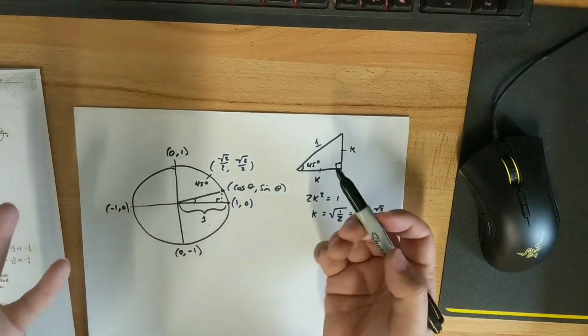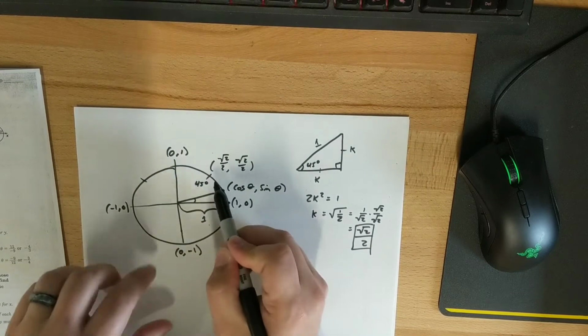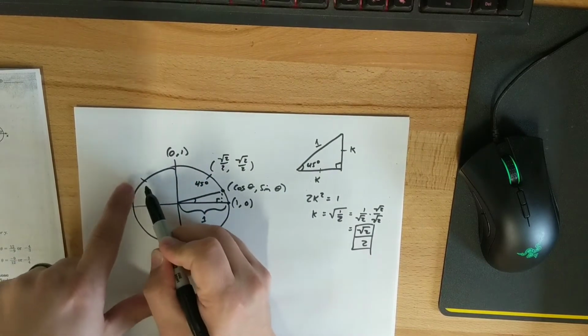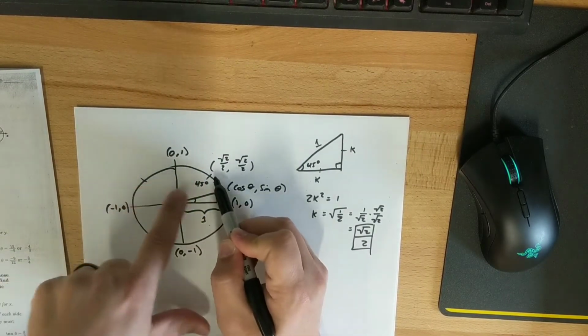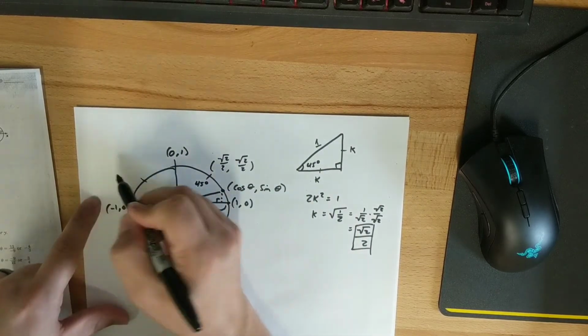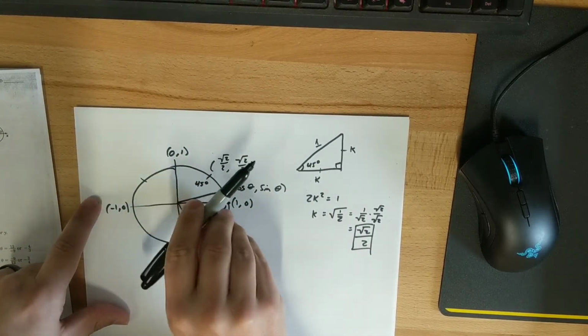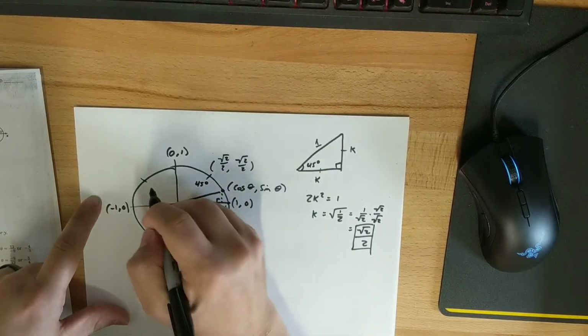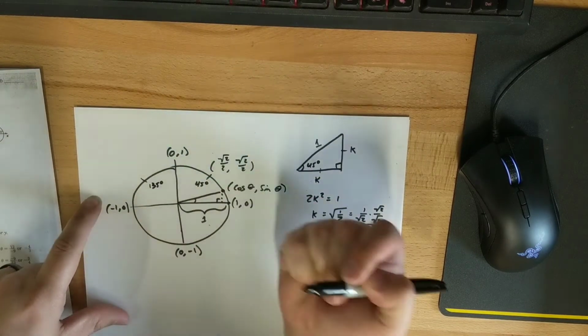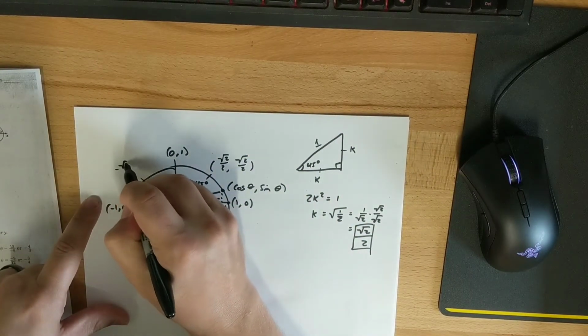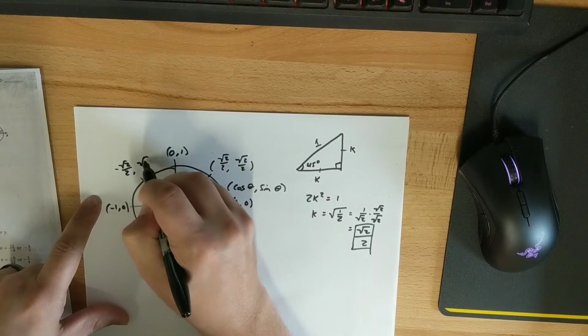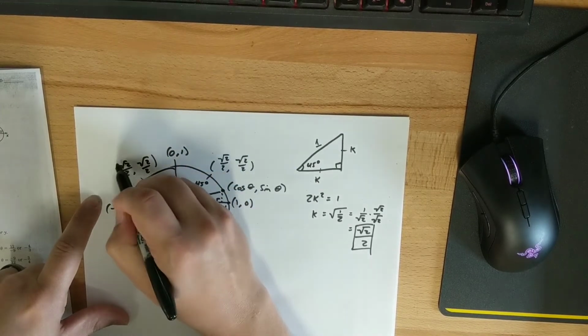Then once I have that, I can mix and match a little bit. I can copy and paste this over there, and it should be at the same spot, except the x-coordinate will be negative. What is this angle? 45, 90, another 45, that's 135. And I get negative root 2 over 2 and positive root 2 over 2.